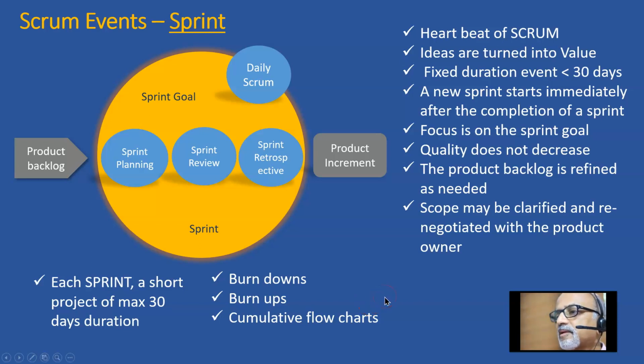They will decide which tools and techniques they will use to report progress. But these are the commonly used ones. The burn down chart is predominantly used, very frequently at a sprint level, at a release level, and at the product level also. Burn up charts are also used. Cumulative flow charts are also used widely in Scrum teams.